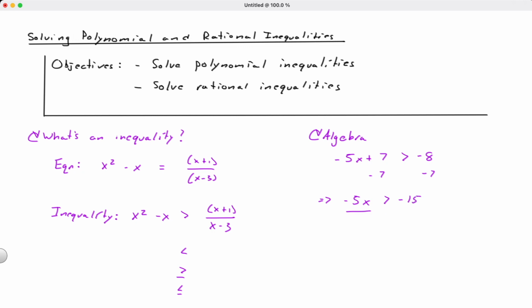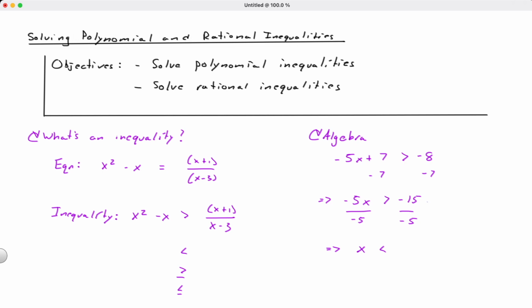We would divide by negative 5 from both sides, just like we would in an equation, and we would get x. And this is the piece where we'd have to change it around a little bit, because since we were dividing by a negative number, we would have to flip the direction of that sign. So rather than being a greater than sign, we would switch it to a less than sign.